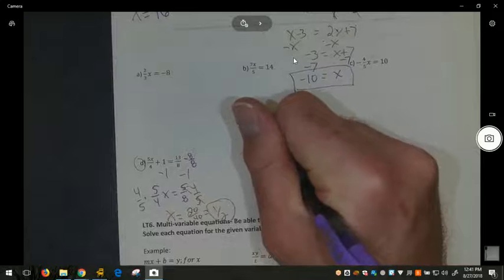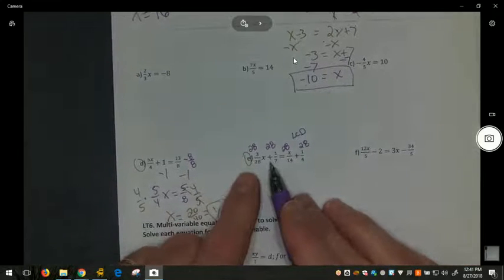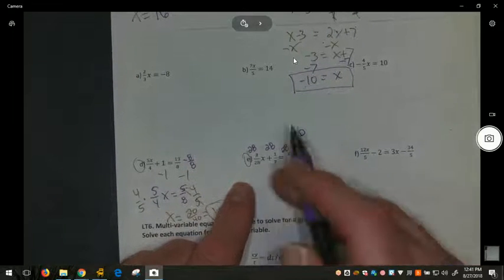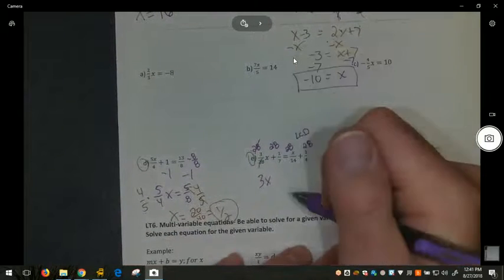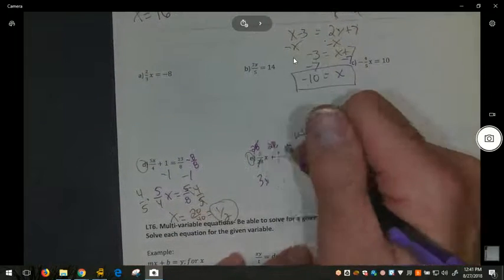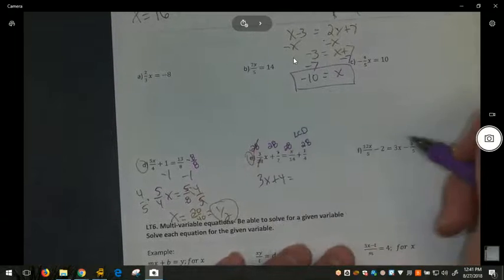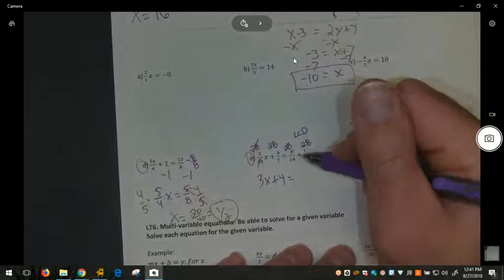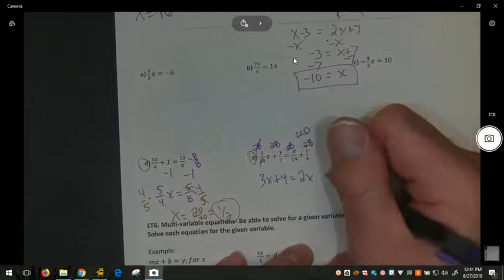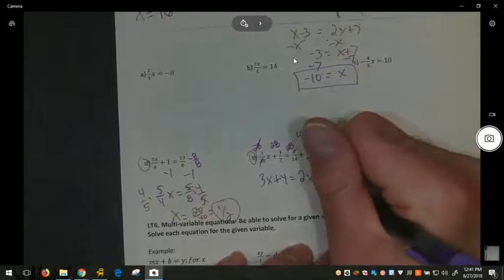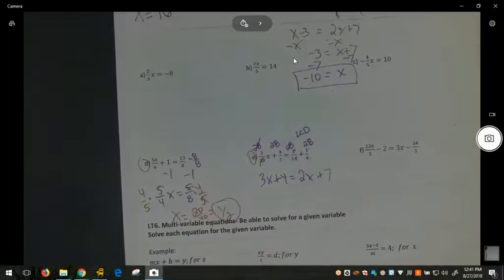In effect, both sides of the equation are being multiplied by 28. 28 times 3 over 28 is just 3x. 28 times 1 over 7 is 4. 28 times x divided by 14 is 2x. 28 divided by 4 is 7. Makes the equation much easier to solve.